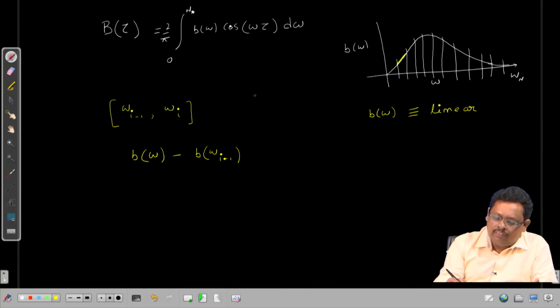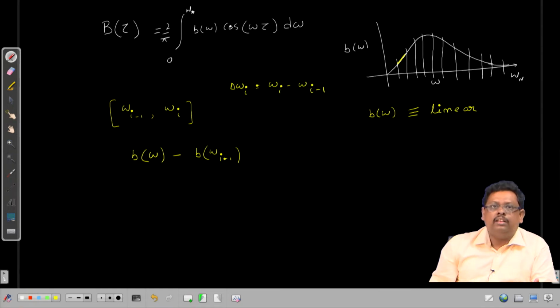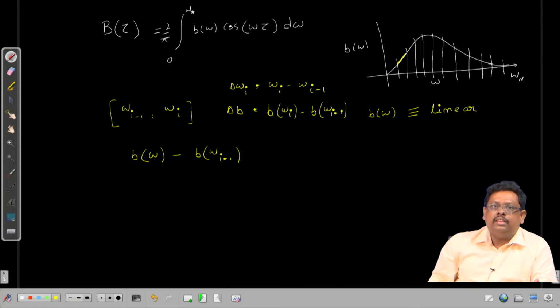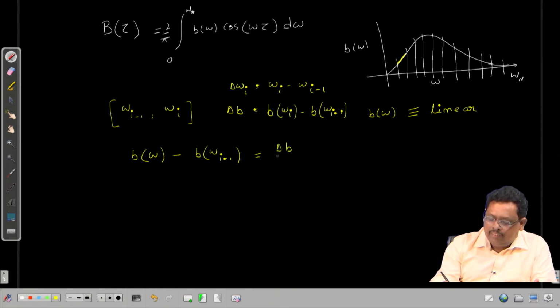Before that, for convenience, let us define d omega_i equal to omega_i minus omega_{i-1}, and also let us define delta b equal to b(omega_i) minus b(omega_{i-1}). So, then it should be equal to delta b by delta omega.